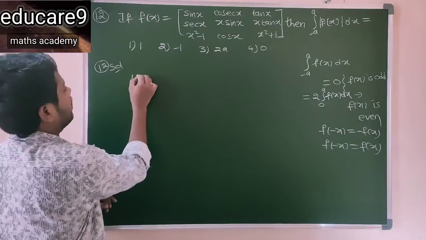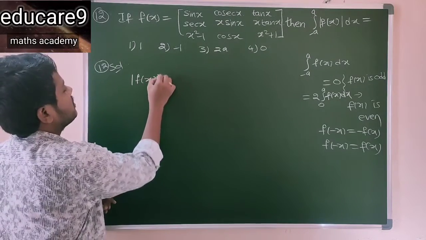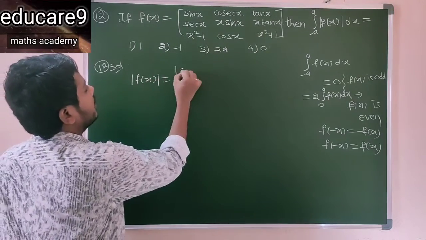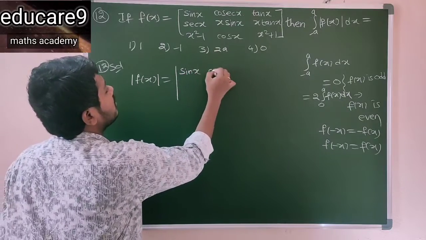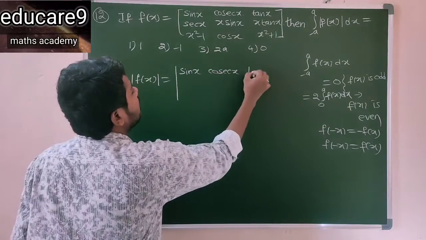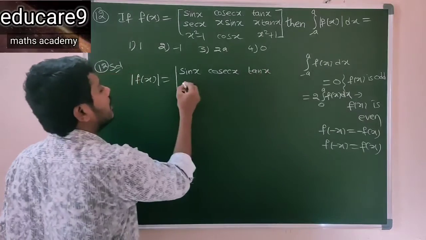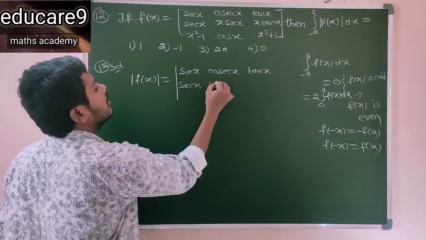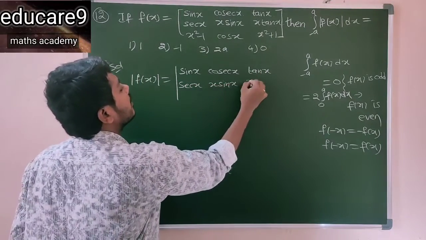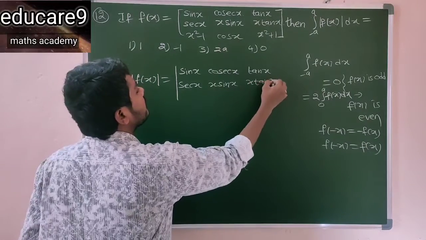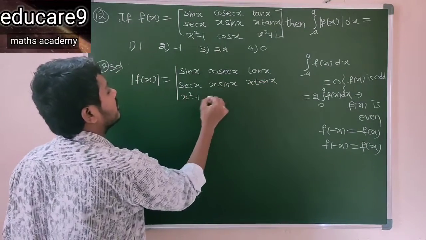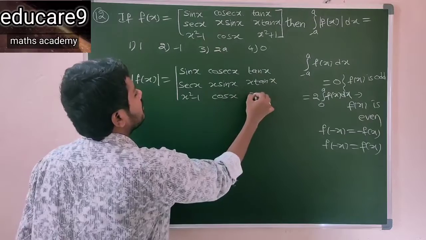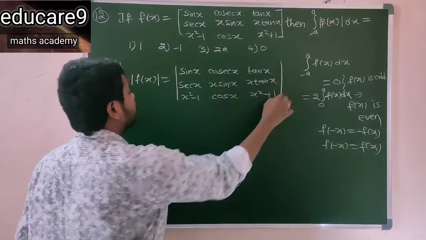So first find whether this function is odd or even. See here, determinant of f of x. So write as determinant of sin x, cosec x, tan x, secant x, x sin x, x tan x, x square minus 1, cos x, x square plus 1.